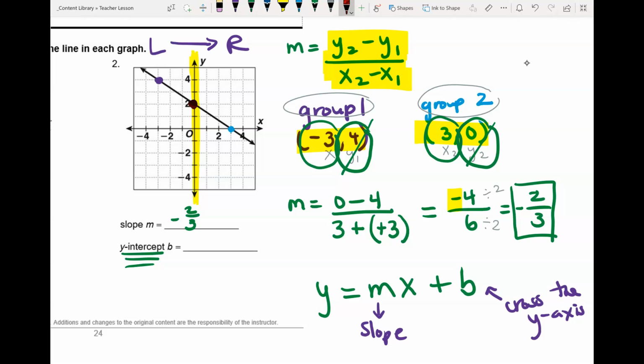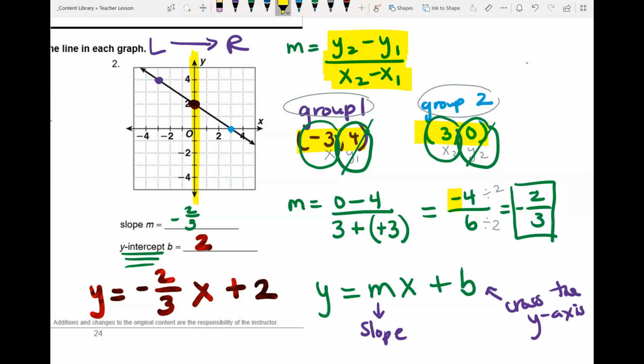And if you look at it, it crosses here. That would be a +2. So that is my y-intercept. So now my equation is going to be y equals my slope, -2/3, x plus 2.